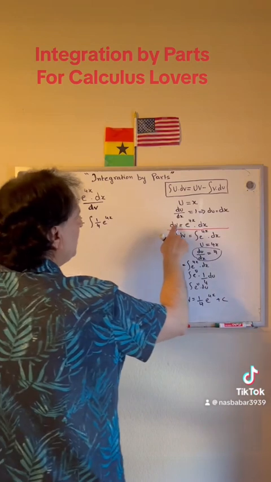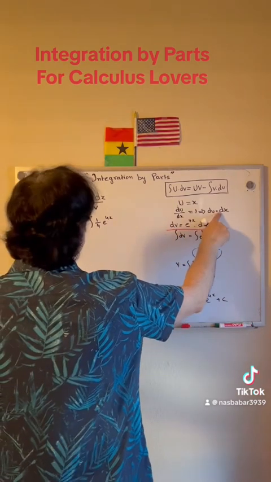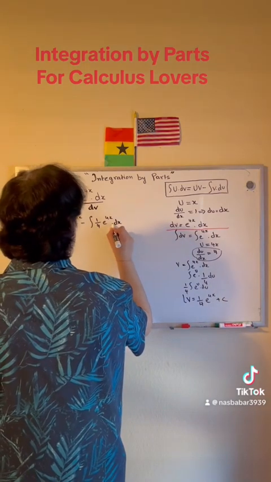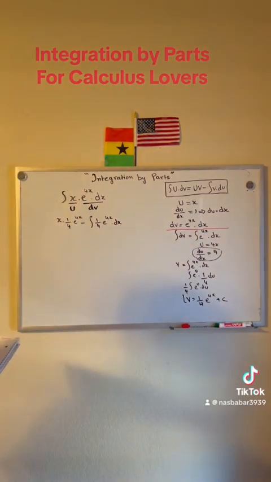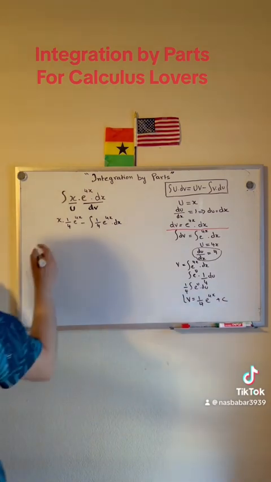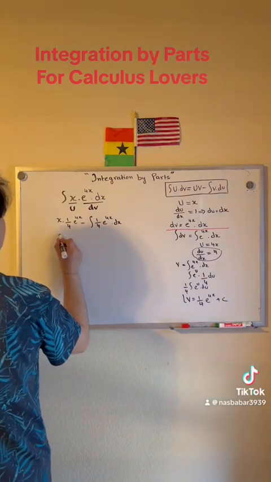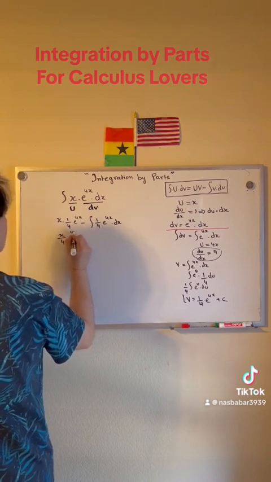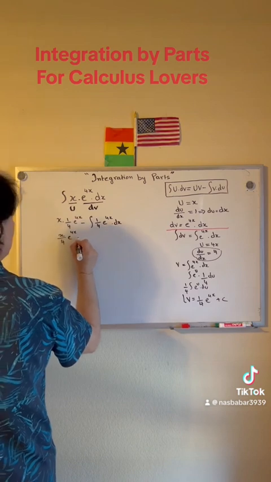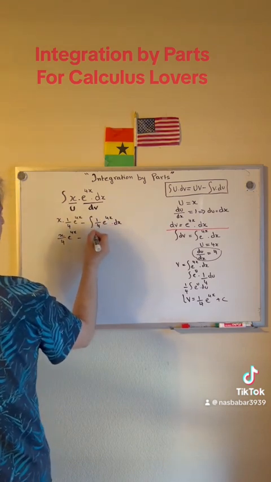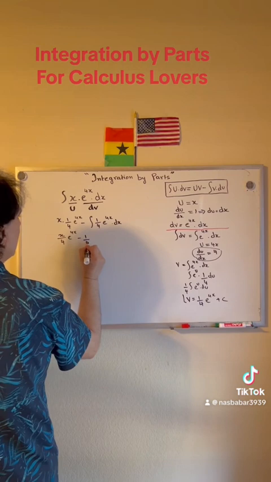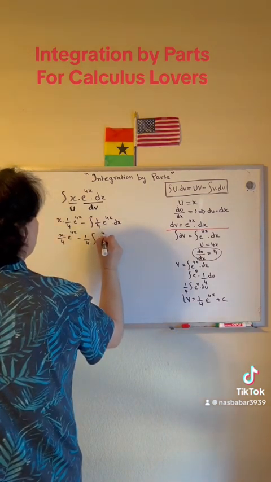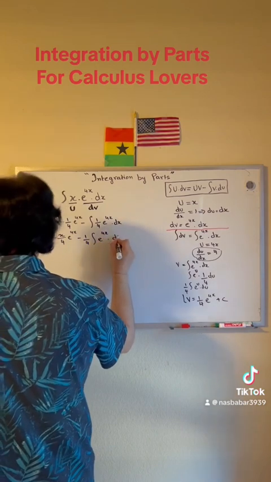We calculated du is equal to dx, so I can write this as dx. Let's do a little bit of simplification. We say x over 4 e raised to power 4x, minus, we bring this 1 over 4 outside of the integral, and inside we have e to the 4x dx.